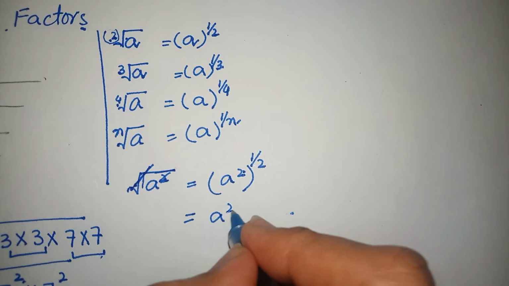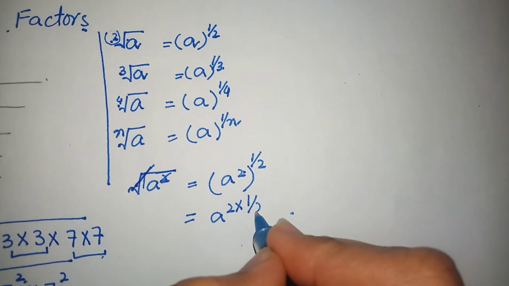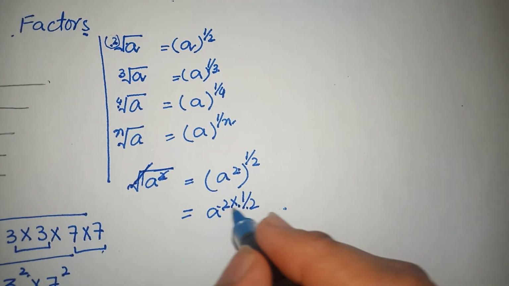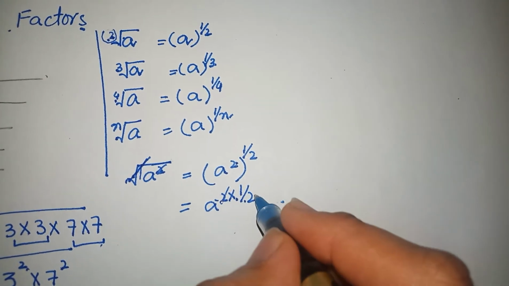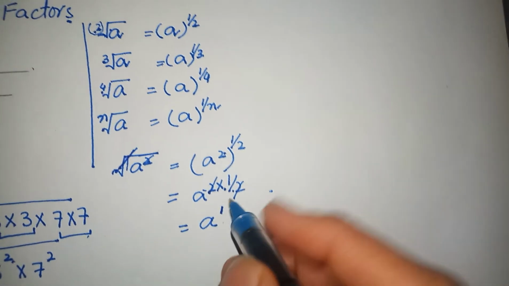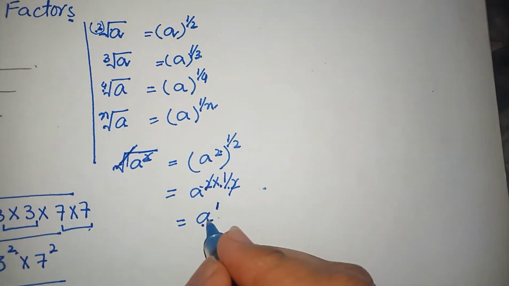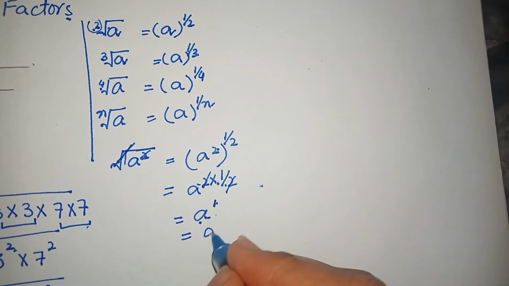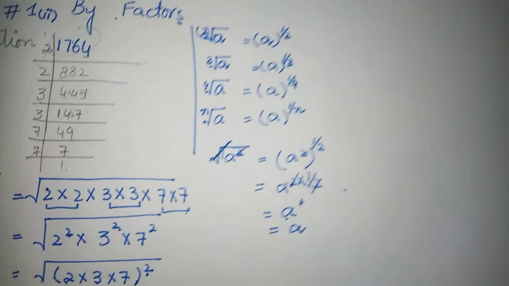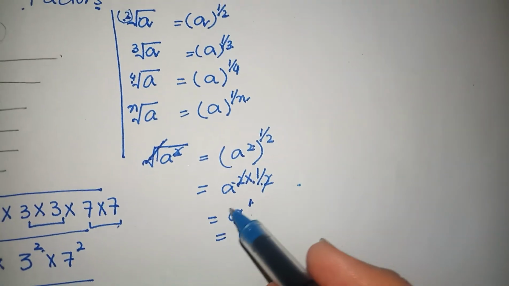When there is a power on a power, these two exponents will be multiplied. 2 ones are 2, so a raised to power 1. Any number that has a power 1 is the number itself. Is this clear to you?